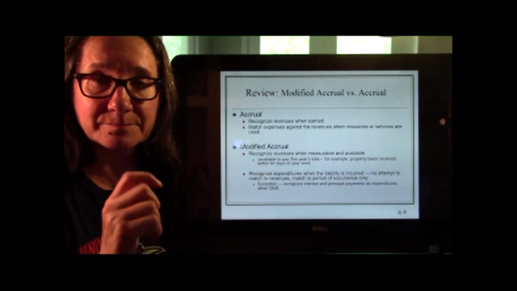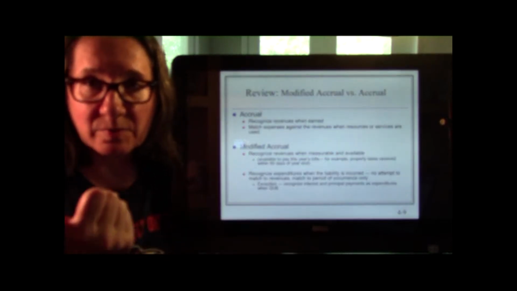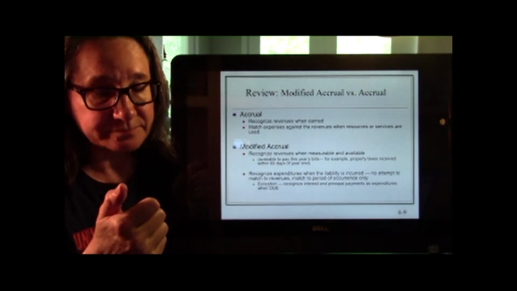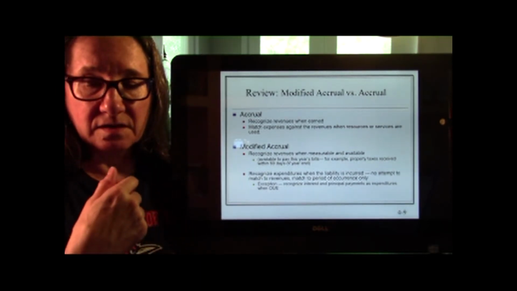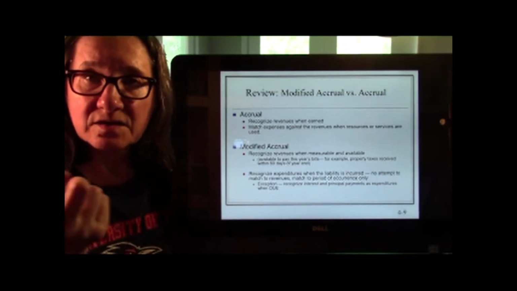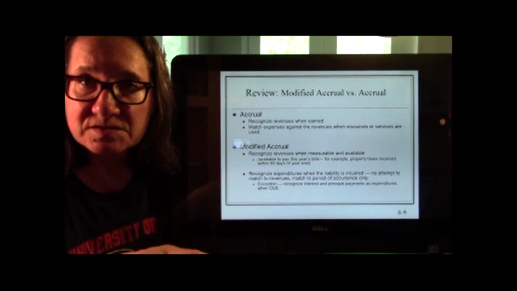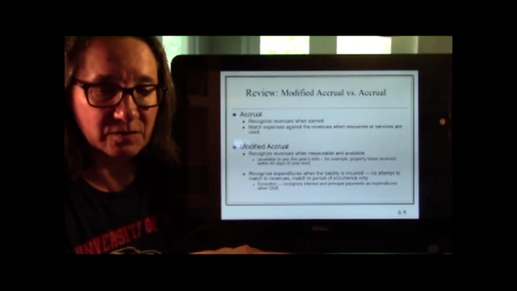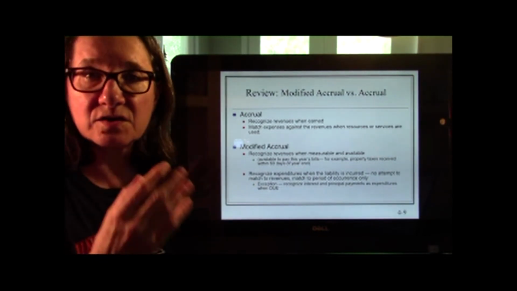The proprietary funds for your enterprises, like the water department, all that, they use regular old accrual because they're like a regular old business. The fiduciary funds, they've got the cash coming and going, and it's held in trust for something else, so they're using regular old accounting. So it's only the governmental funds that are using the modified accrual.